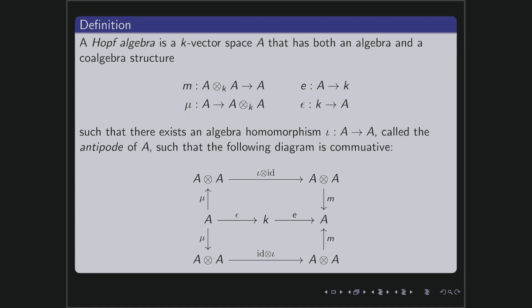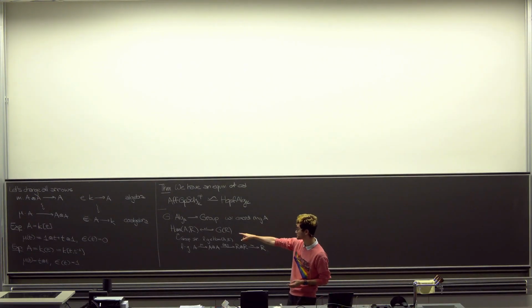Since A is a Hopf algebra, I can use the co-multiplication to go from A to A tensor A. But now I can tensor F and G here to go to R tensor R, and then from R tensor R to R. And this way, I'm able to define a group structure here, which turns everything into a group.